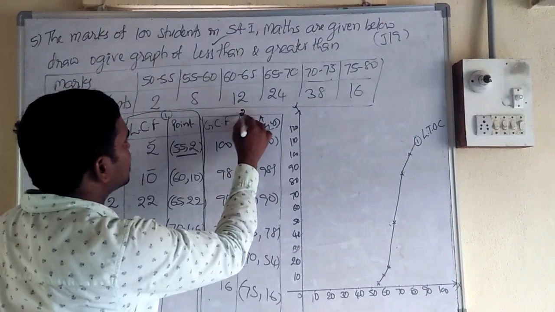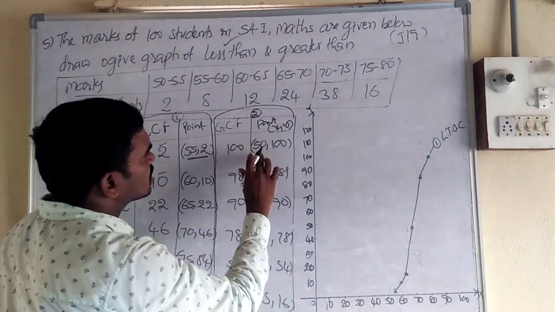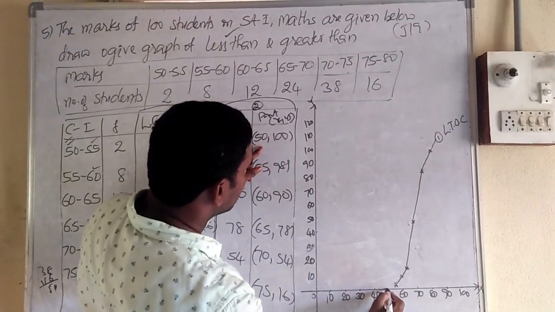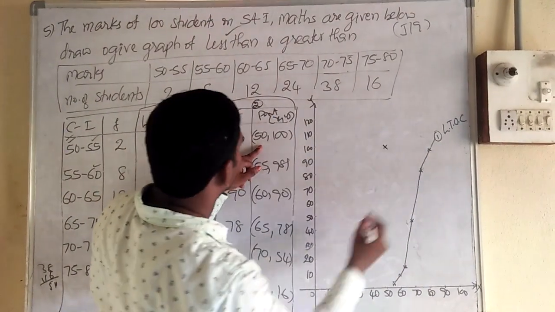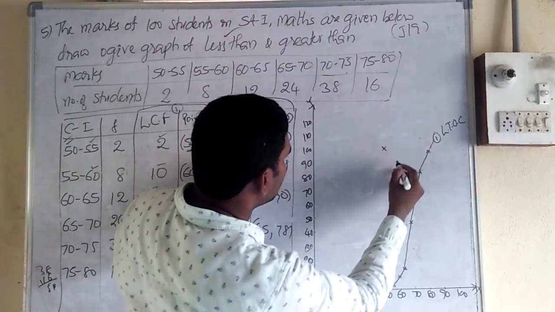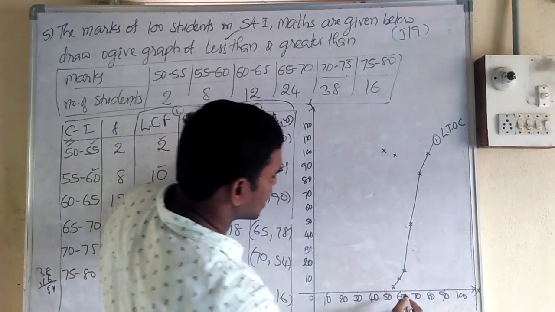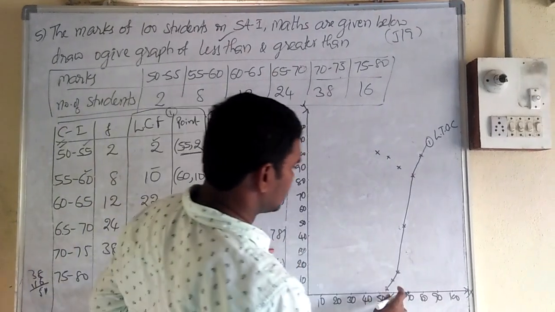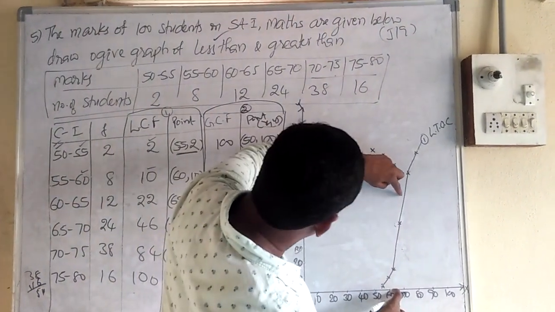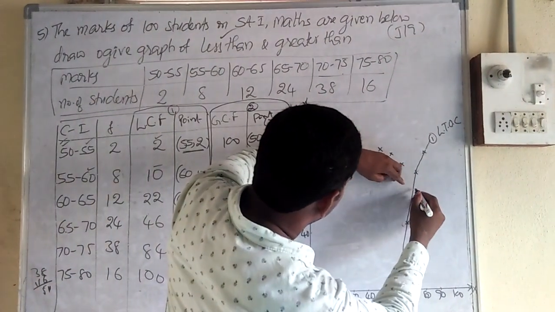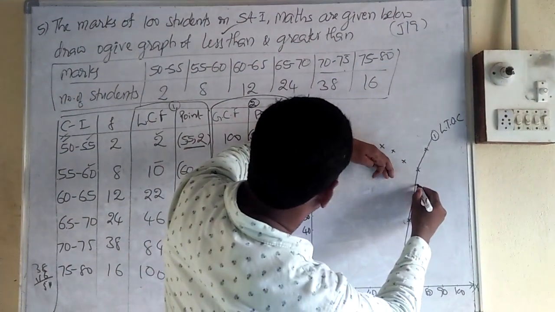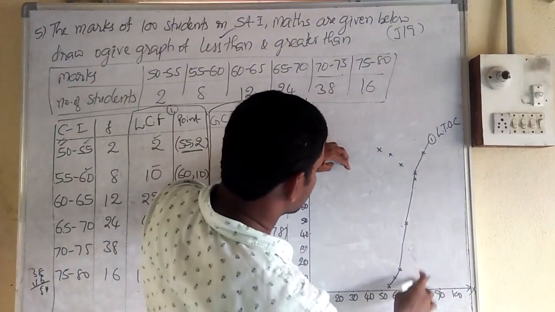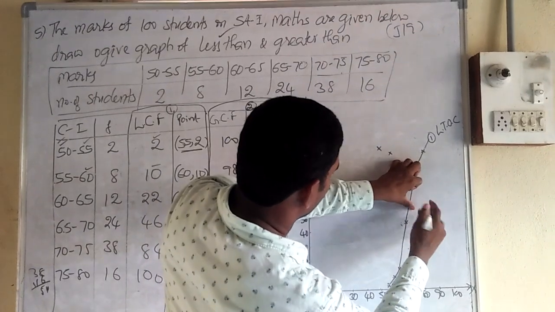For greater than, these are the second graph, second curve points. For 50, 100. Next for 55, 98. Next 60, 90. Next 65, 78. Next for 70, 54.